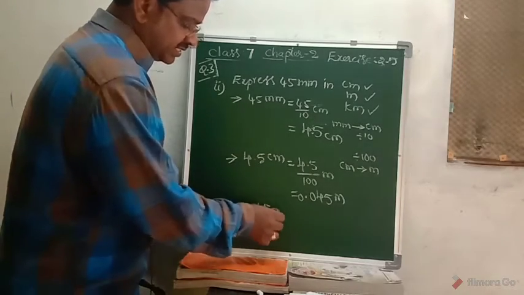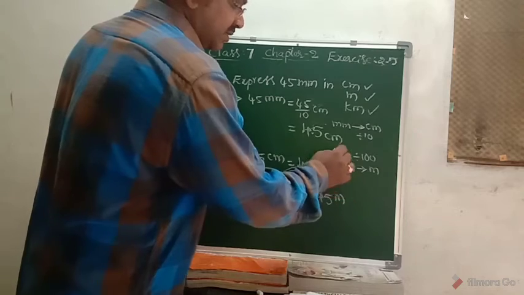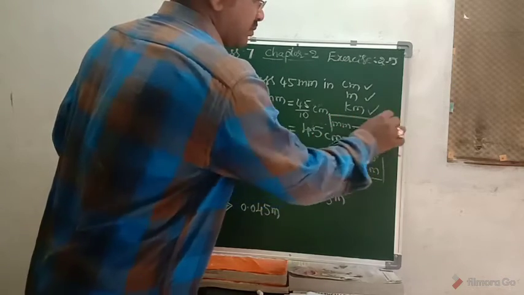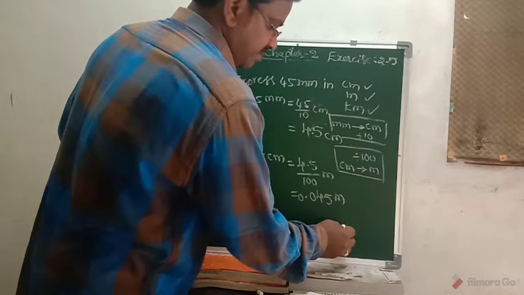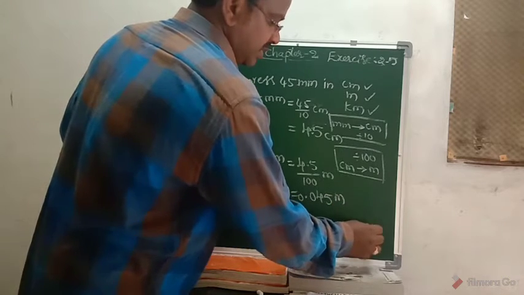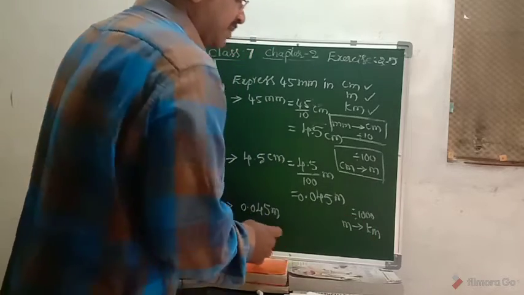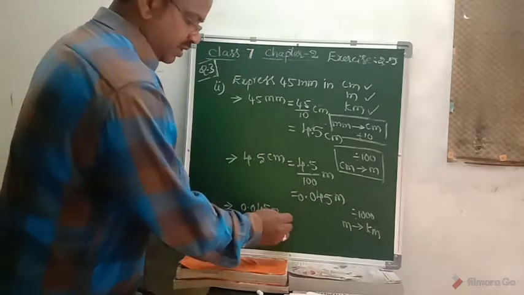Again, to convert 0.045 meters into kilometers, we divide by 1000, because 1000 meters make 1 kilometer.